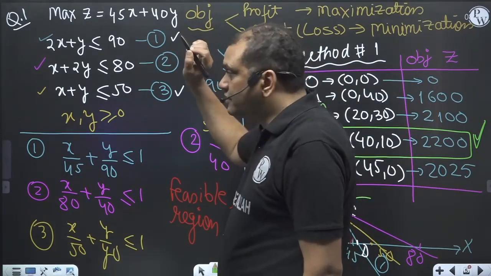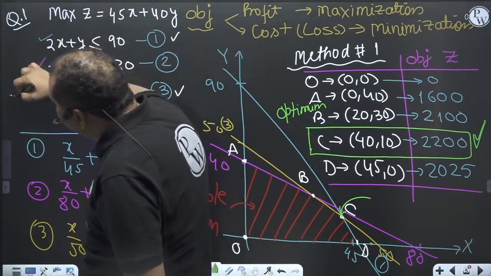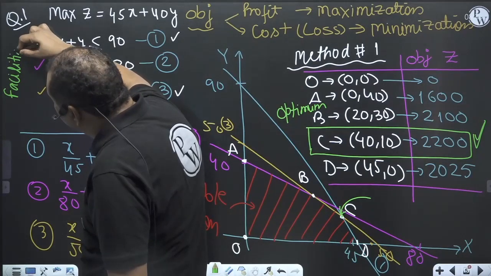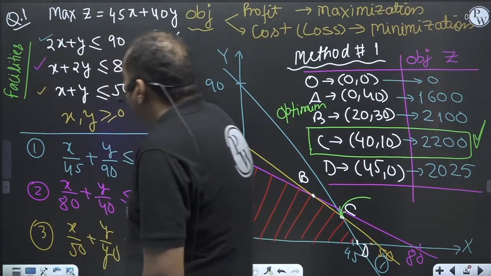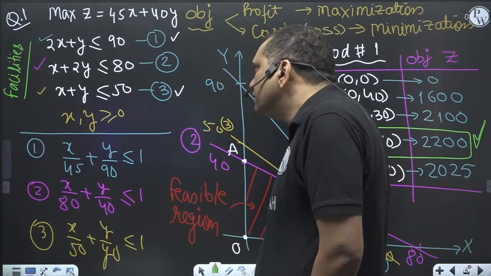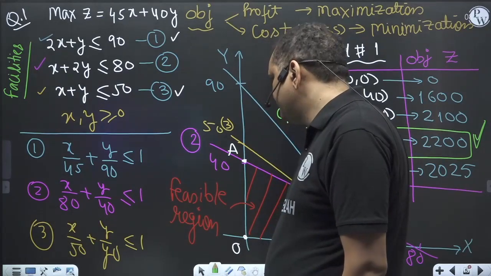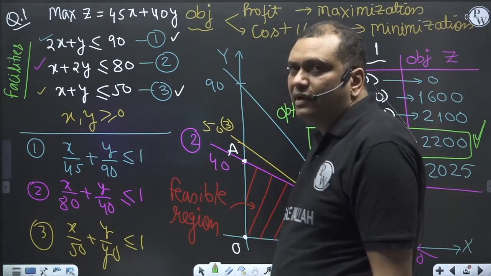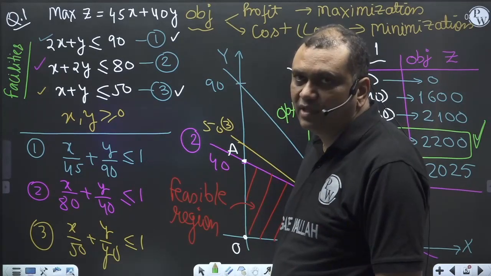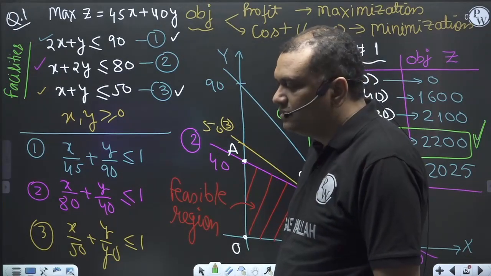These 3 constraints are facilities. Now, at the optimum condition, see very, very carefully.